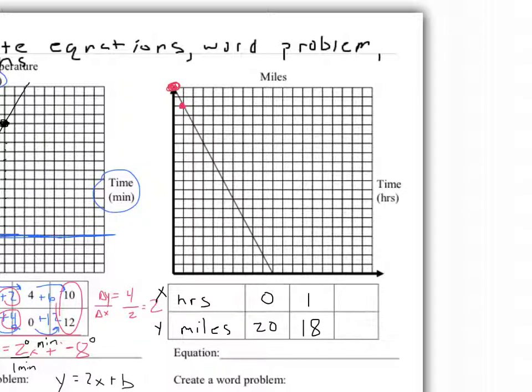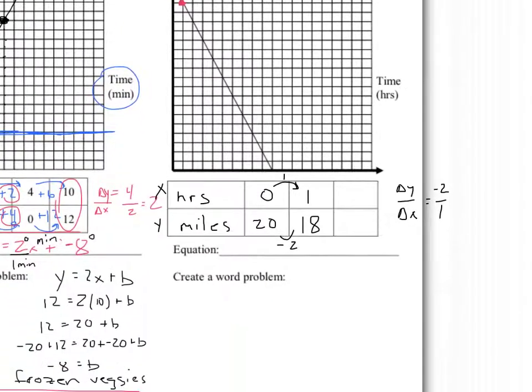And actually, this makes it really easy because this is a change of x is +1, change of y is -2. So change in y over change in x is -2 over 1. So as I'm getting over here to write my equation, y is equal to -2x, and we actually know our starting point because it's clearly graphed there.